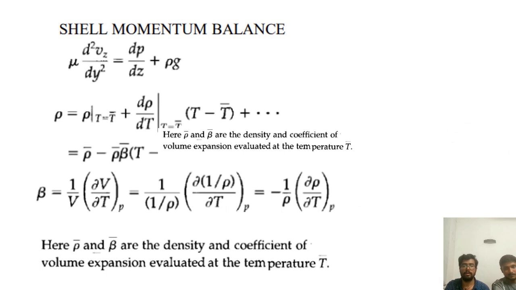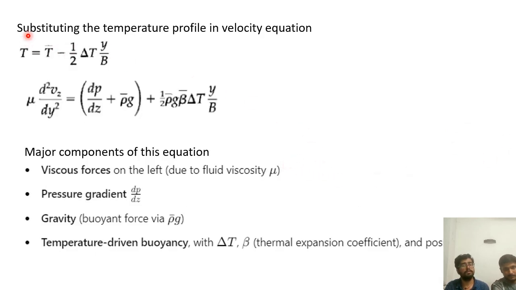Now we will substitute the temperature profile in the velocity equation. In the previous slide, we had the equation of velocity after substituting rho. In that, we will substitute our temperature. After substituting the temperature profile, we will get this equation, mu into d square Vz by dy square is equal to dp by dz plus rho g plus 1 by 2 rho bar g beta bar delta T into y by b.